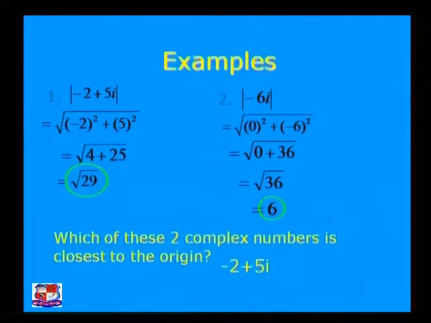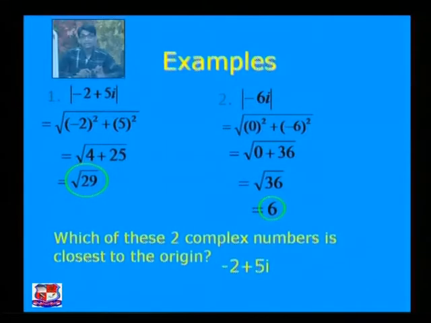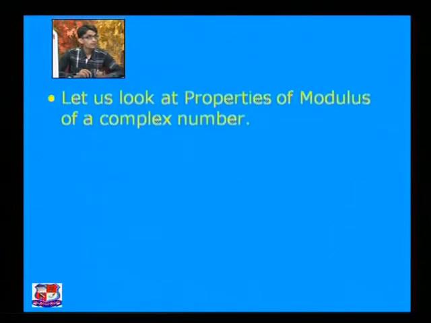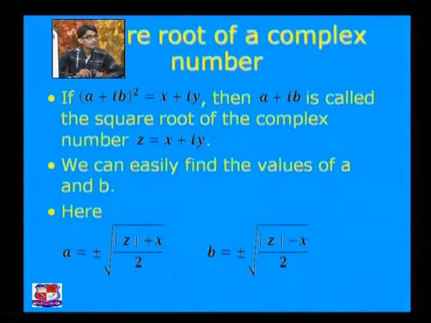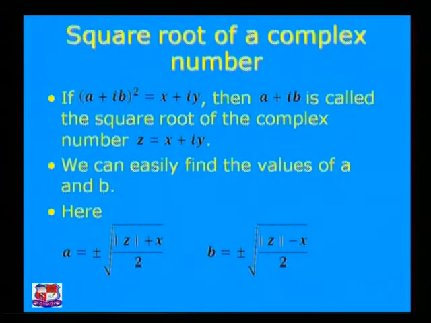Here -2 plus 5i is closest to the origin, right? So from the modulus of any complex number we can decide how far this complex number is from the origin. Okay, so this is the idea of that particular thing.